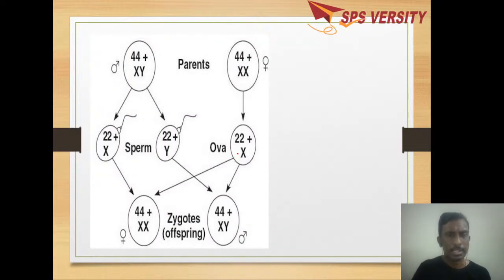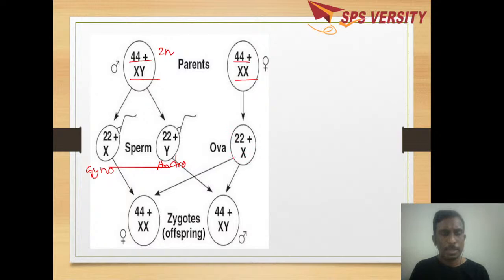So here you can see the picture clearly. In males, that is diploid, 44 autosomes plus X and Y sex chromosomes; in females, diploid XX. So 22 plus X, this is gynosperm. This is androsperm. But in females there is no such differentiation.